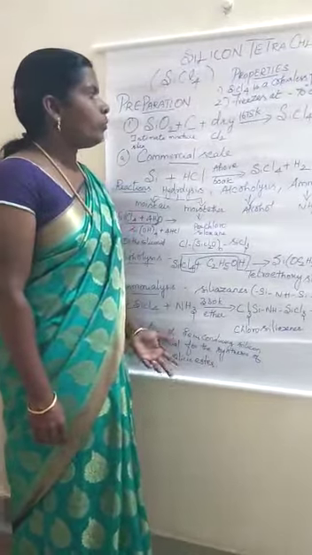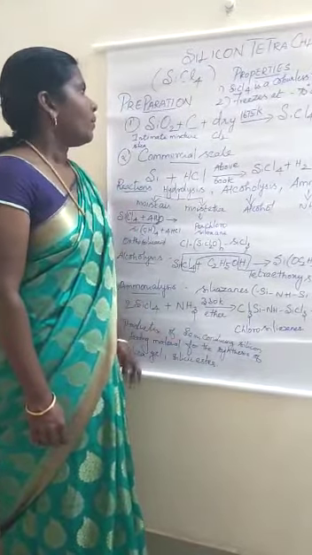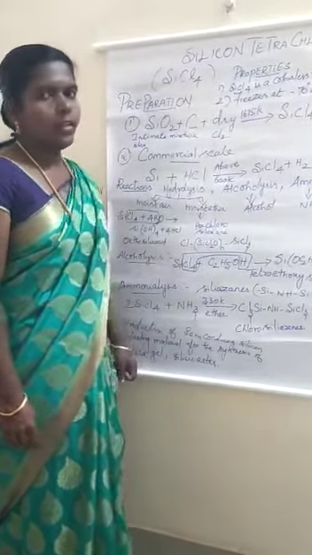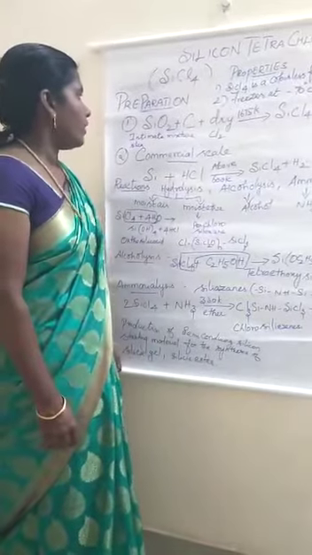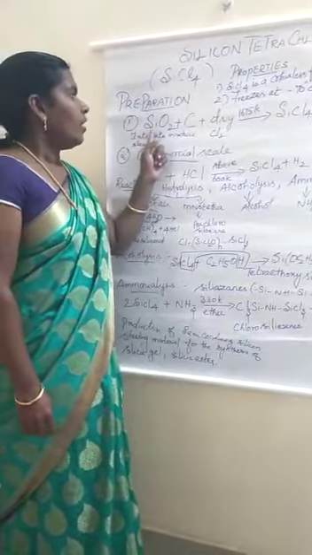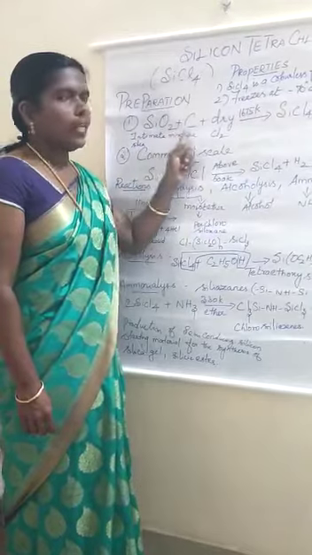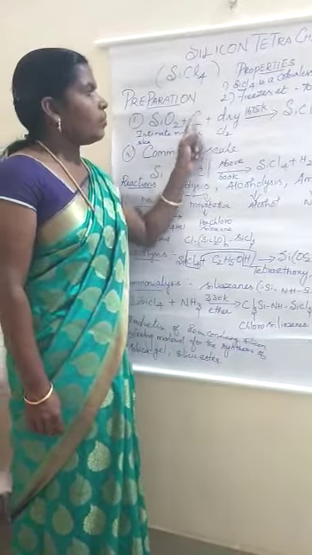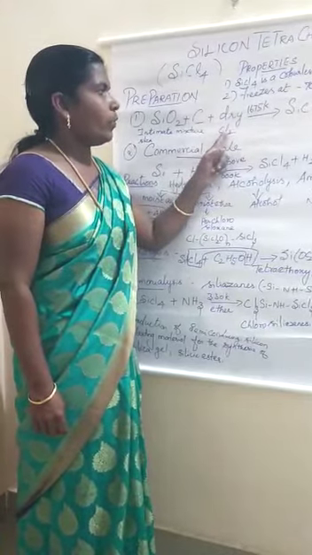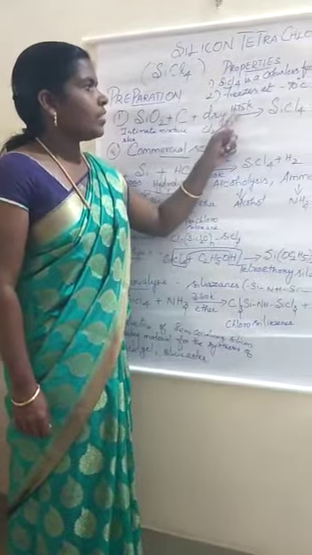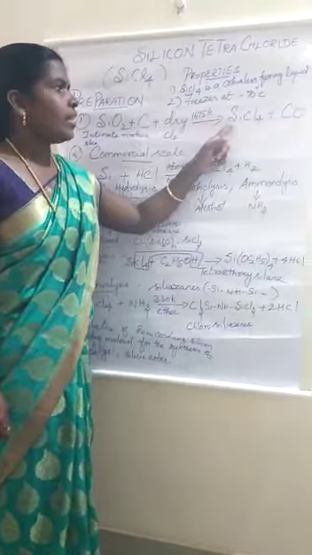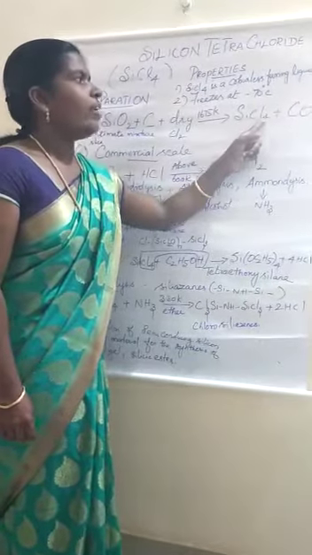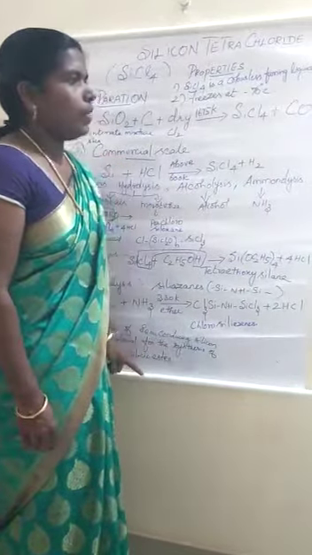Preparation: there are two methods for the preparation of silicon tetrachloride. First method: silica and carbon. This is the intimate mixture. When this intimate mixture is passed through dry chlorine at 1675 Kelvin, silicon tetrachloride is formed with the liberation of carbon monoxide.